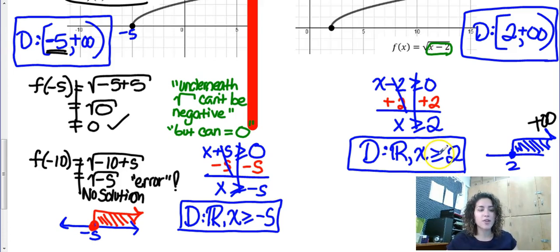So to summarize our first 2 examples, whenever I have an even root, we focus on what's underneath the radical. So I'm going to write this down. Steps. I don't like it being in red. I'm going to change it to purple.